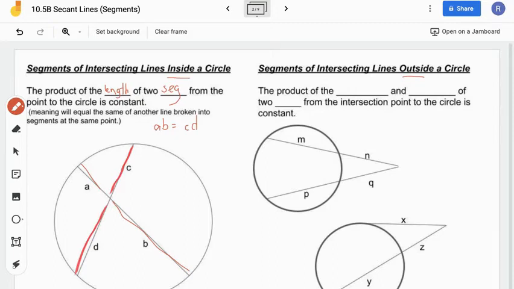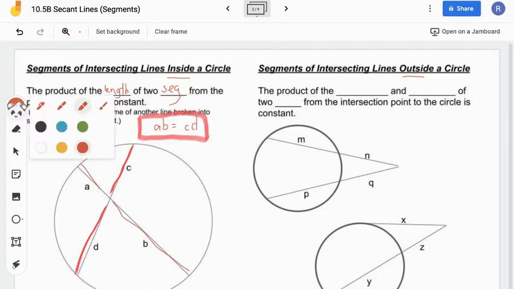So anytime that you have two segments that are intersecting inside of a circle, the product of the length of the two segments is equal to the product of the lengths of that other part. Okay, make sure that you have this equation here written down. We're going to come back and look at these in the examples.